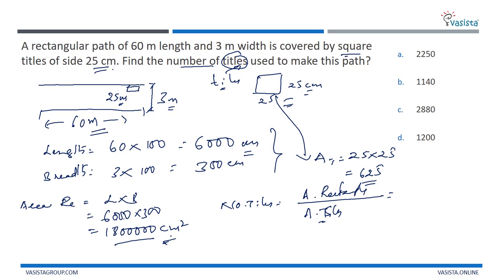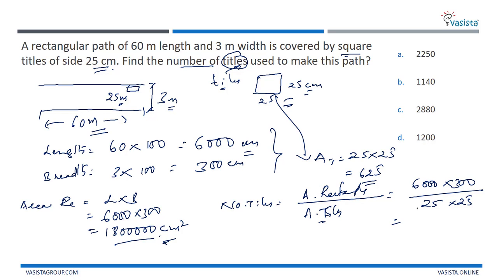Instead of directly multiplying and placing here, you just keep that length and breadth here, that is 6000 into 300. This will make it easy for you, and as well as the area of the square, that is 25 into 25.